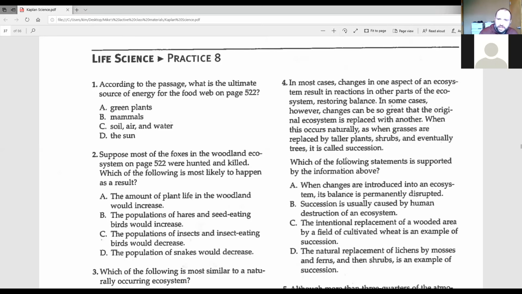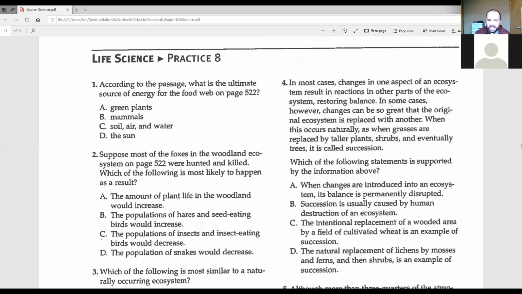Okay, so again, if I were to use process of elimination here, the first two I'd get rid of would be B and C, because it says in the very last sentence that when this change occurs naturally is when it is referred to as succession. So B and C are talking about human change. B says human destruction of an ecosystem.